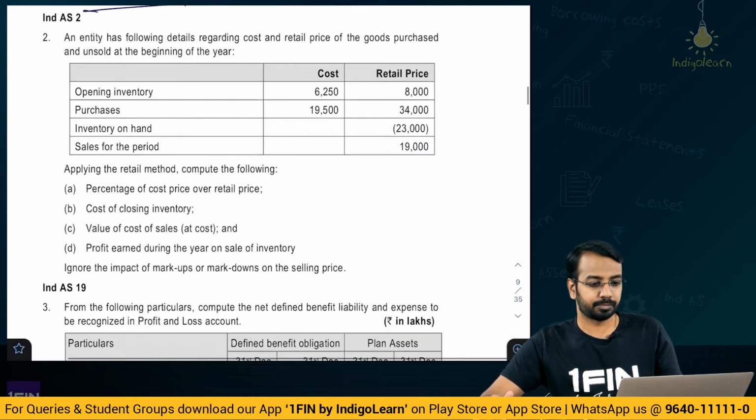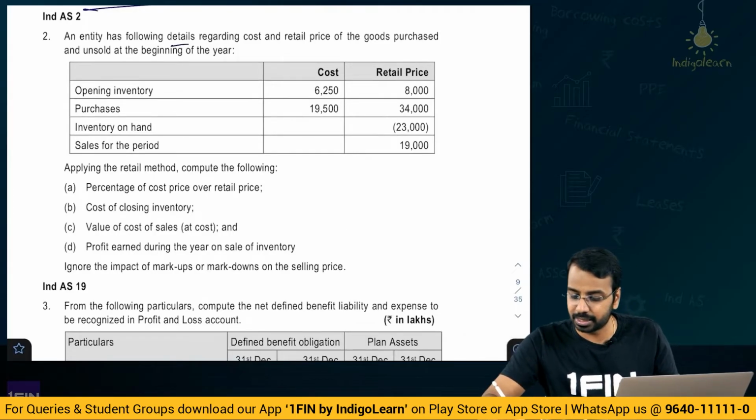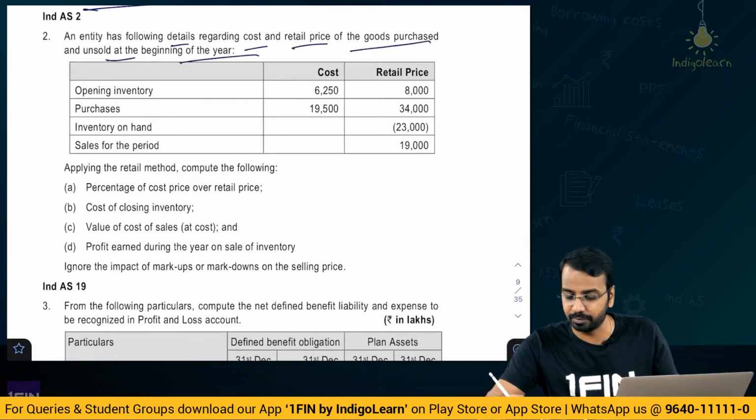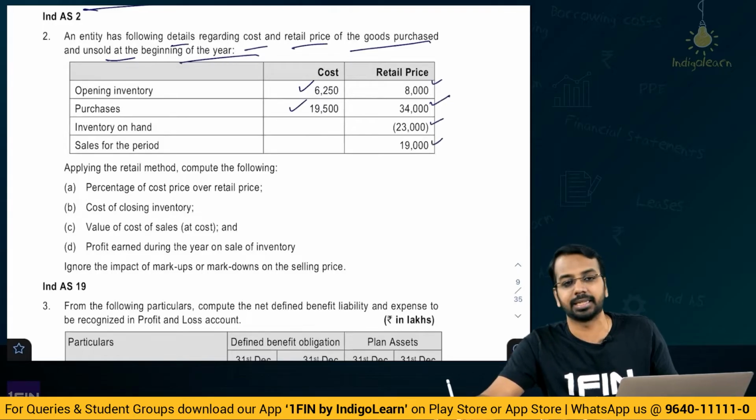Ind AS 2. Next question on Ind AS 2. An entity has the following details regarding cost and retail price of the goods purchased and unsold at the beginning of the year. Opening inventory 6250 at cost, price is 8,000, purchase is 19,500, retail price is 34,000, inventory on hand 23,000, sales for the period 19,000, right?